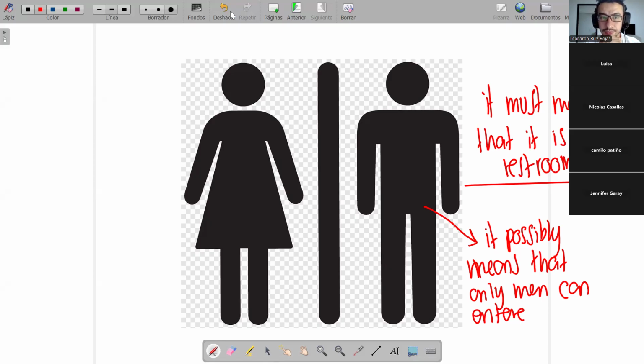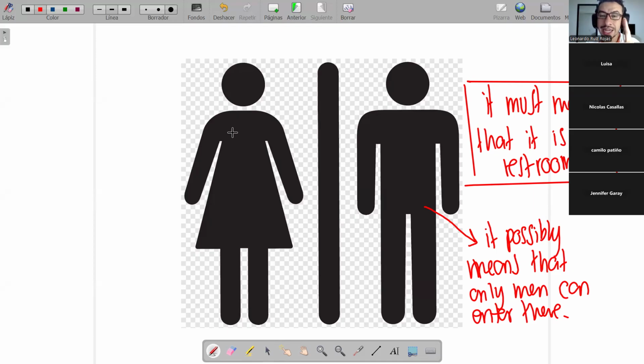So, esta puede ser la generalidad de la señal completa, pero este solo muñequito, that the little guy, it possibly means that only men can enter there. Of course, it's the same with women. It definitely means that women are allowed to enter there, and it's a prohibition for the men, no? So it definitely means that the men can't or are not allowed to enter in that room, no?